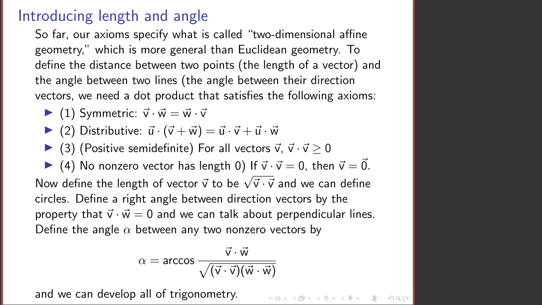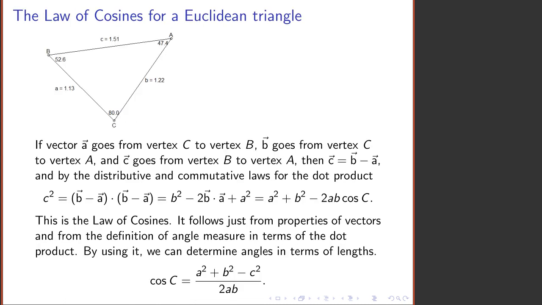With this definition of length and this definition of angle, I can now develop all of trigonometry. And I'm going to content myself with proving the law of sines and the law of cosines in Euclidean geometry.